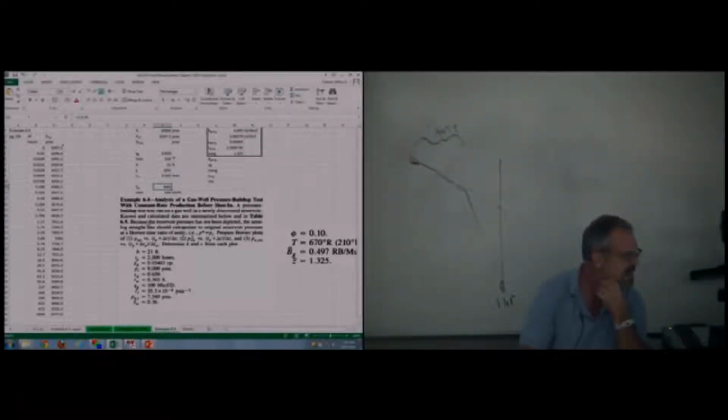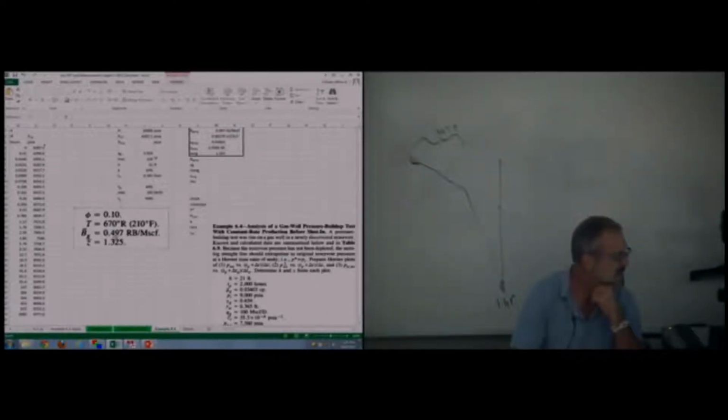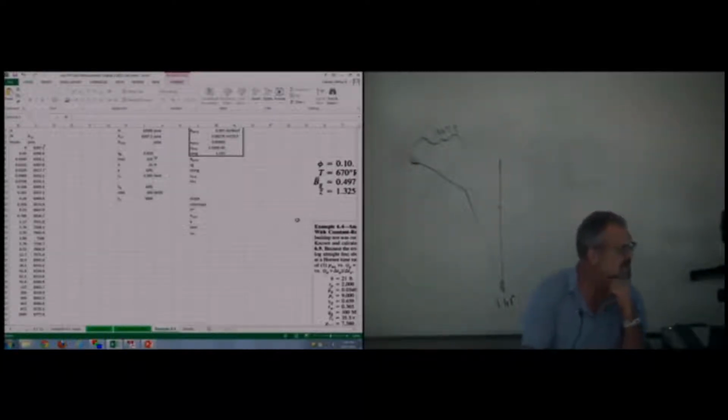Okay, P-star, Horner plot. Well, we learned about Horner plots. And then the other data that they gave us in here is porosity is 10, 210 for the reservoir pressure. They gave us this B sub G that we always put in our units. And they told us that there's Z. Okay. Let's just do a little work here.